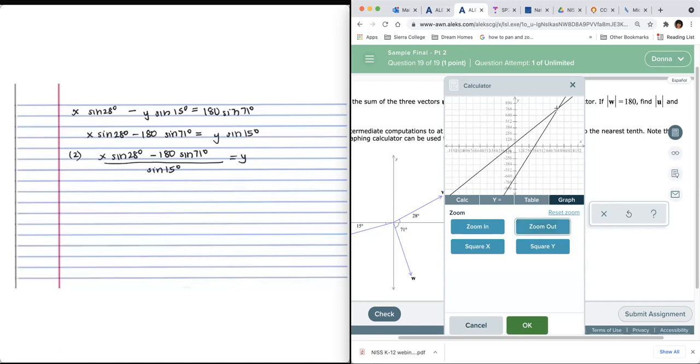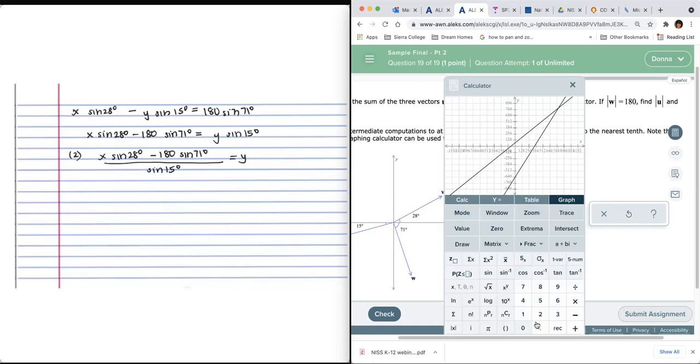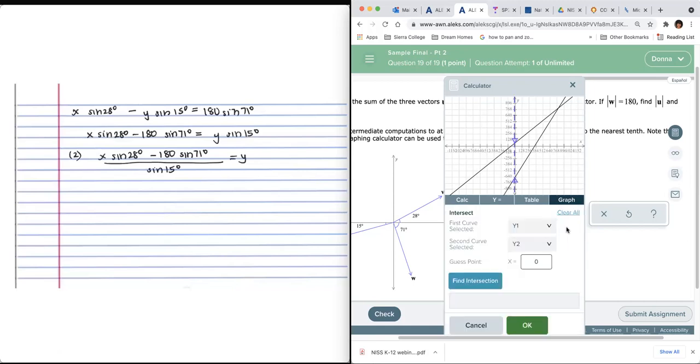So there we have our graph, and we can see the point of intersection. If we select intersect, you can move over the graph once one of the lines turns yellow, and you can see it's right about there. But you really don't need to. If you leave it where it starts and select find intersection, it will find the intersection for you.